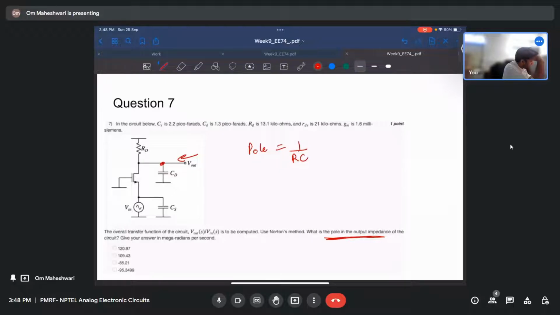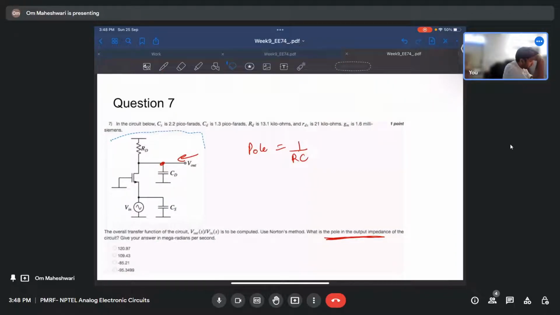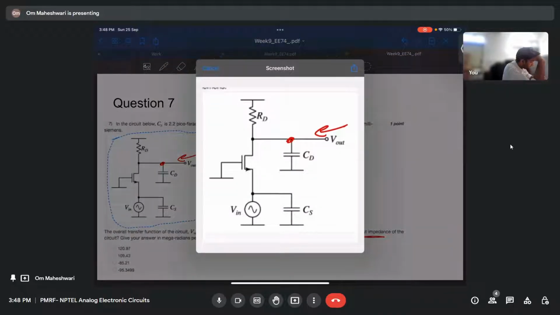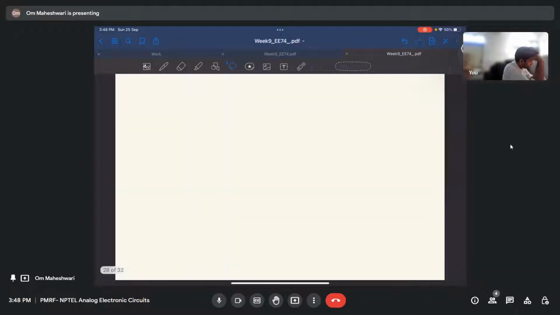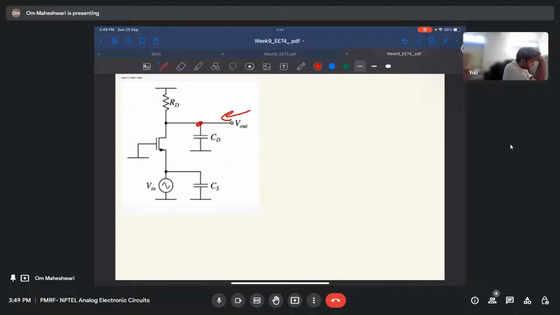Pole equals 1 by RC. RD is the external resistor. We will have the drain resistance, let's say RO, or here it is given as RDS, the output impedance of the drain, which is nothing but 1 by GD.